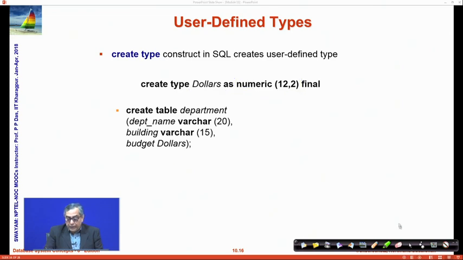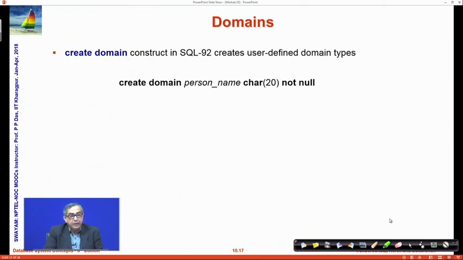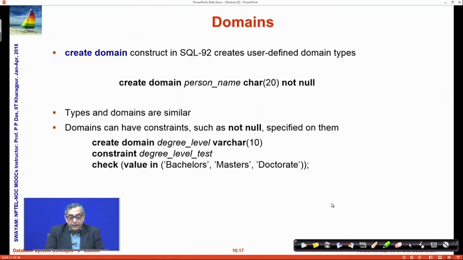You can also go further and create domains, which is very similar to create type, but domains are more powerful in the sense that in a domain you can also add constraints like not null, and you say that this is person name.